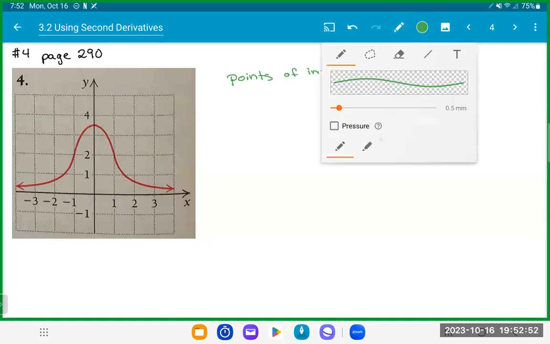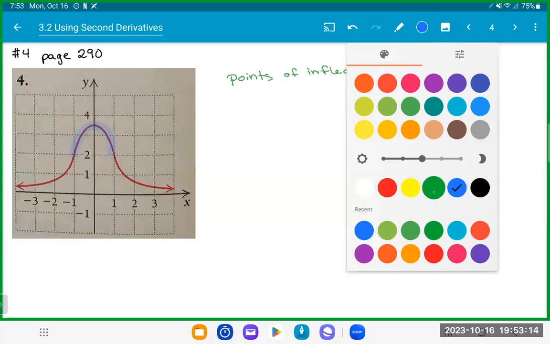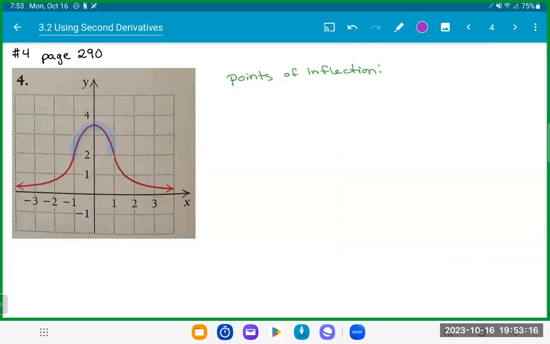So what I want to do is, let's get this highlighter. And I know I could see clearly that it's not dark enough. Clearly, somewhere around here, I know I am concave down, right? We can clearly see that. So I think that there's some sort of transition for this piece and this piece, right?